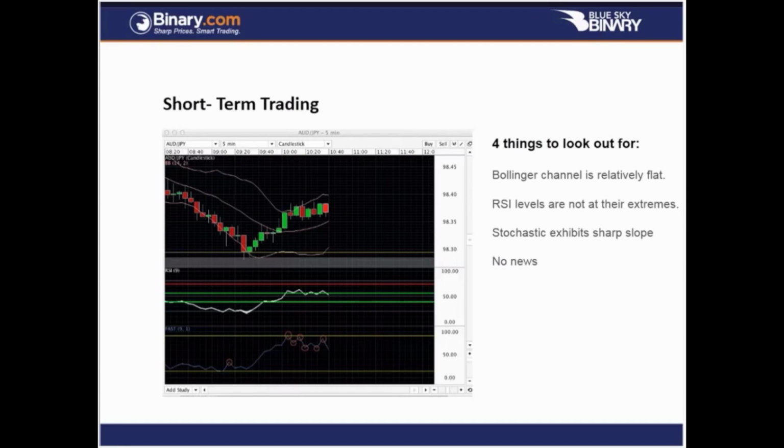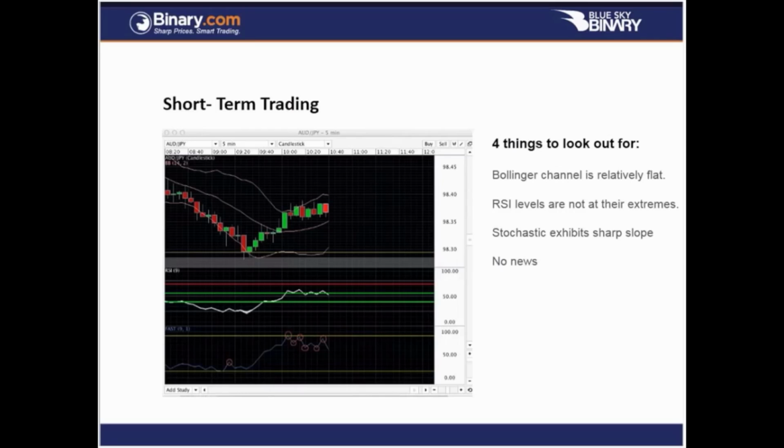For those of you who are not aware what Bollinger Bands are, Bollinger Bands are a standard indicator that is inside every chart provider. So you can put it on your charts, and in a way, they represent the range within which the price can move.